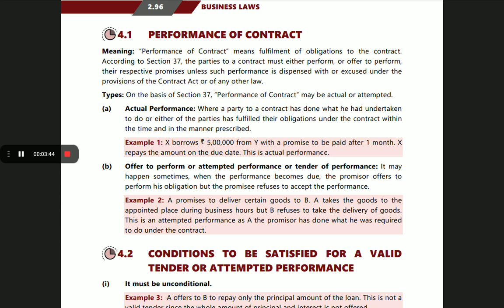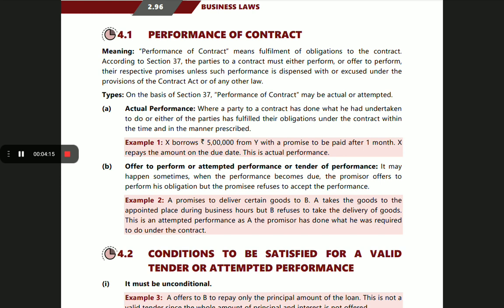Example: A promises to deliver certain goods to B. A takes the goods to the appointed place during business hours, but B refuses to take the delivery of goods. This is an attempted performance. The promisor has done what he was required to do under the contract.